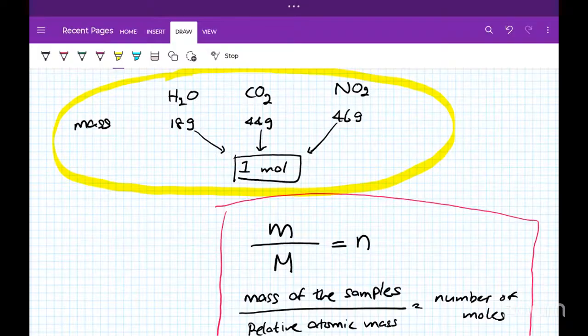Things only in the yellow box. Okay. Right. Next bullet point.